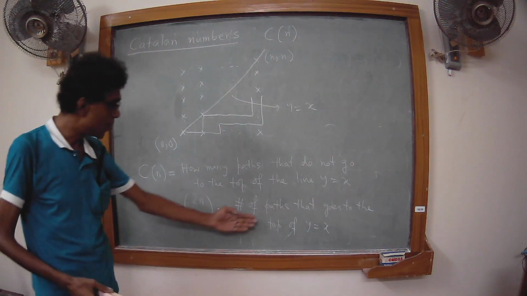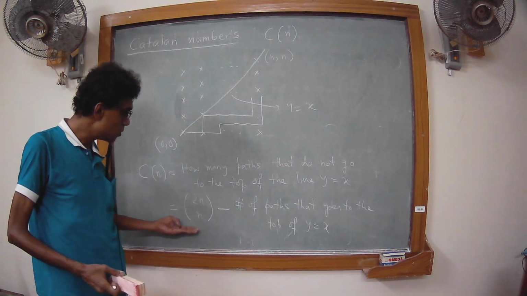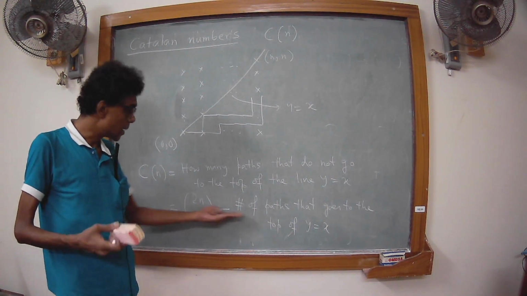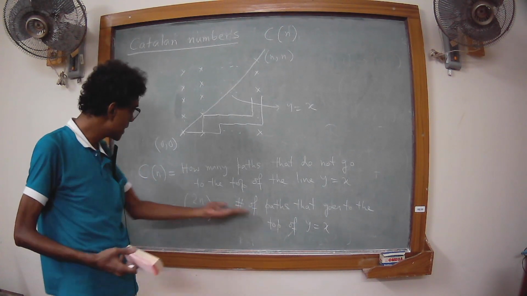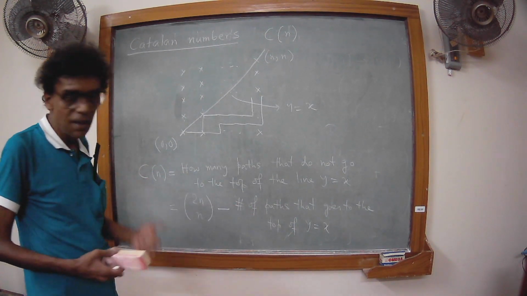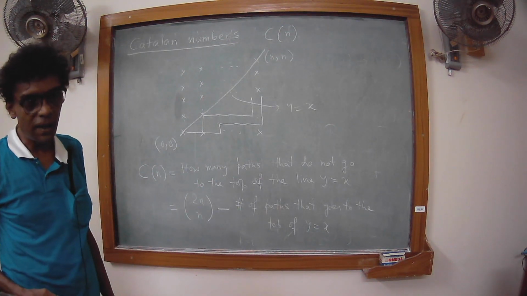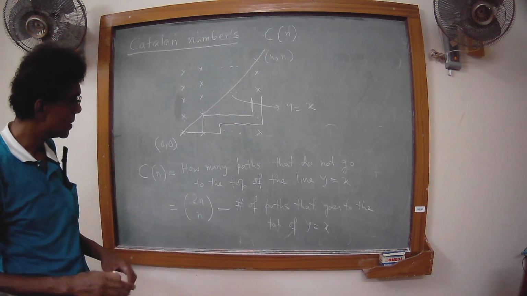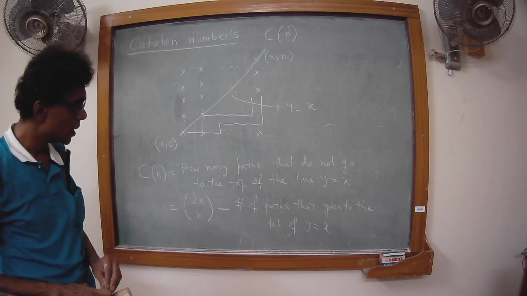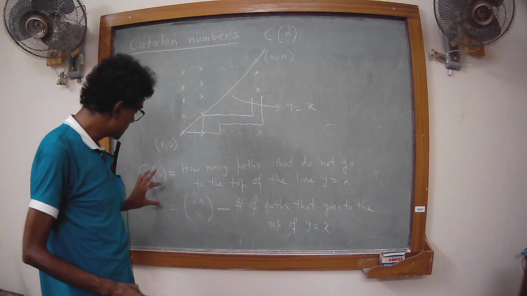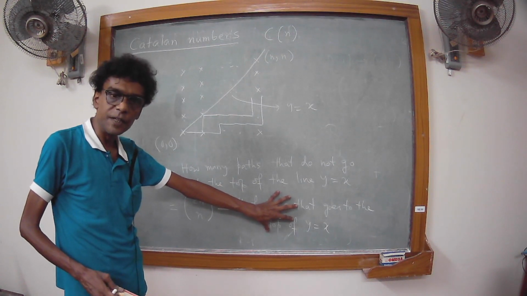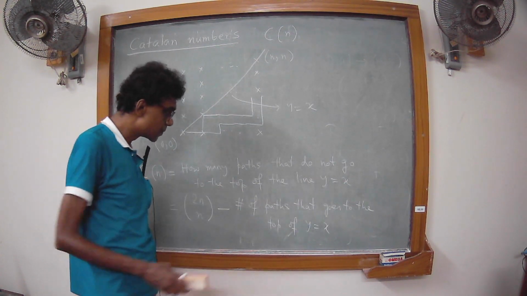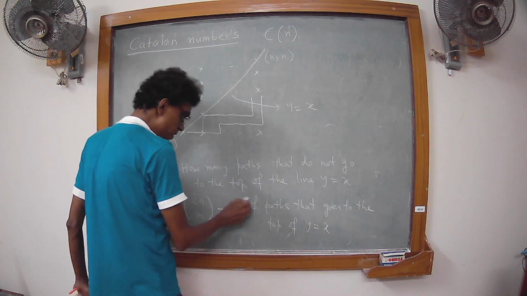These are invalid paths. If I subtract the number of invalid paths from the total count, I will get my desired count, the Catalan number C of n. So it suffices to compute the number of invalid paths.